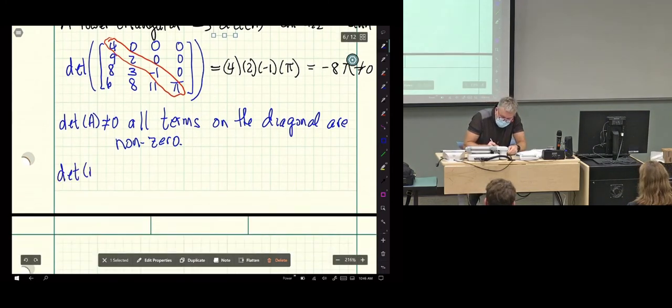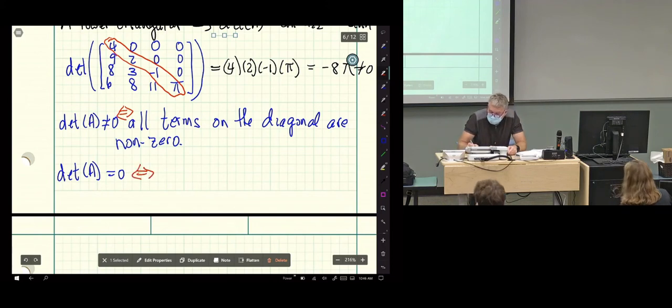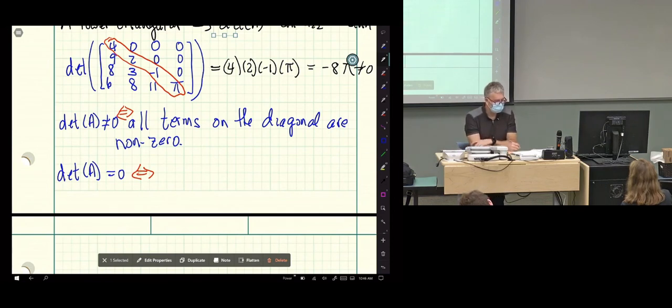And then the determinant of A is equal to 0. And I should have put if and only if here. Okay, so what's the condition on the entries of the diagonal that I get a 0 for the determinant? There's 1, 0. There has to be at least one. Could there be 2? Yeah. Could there be 9? Yes.